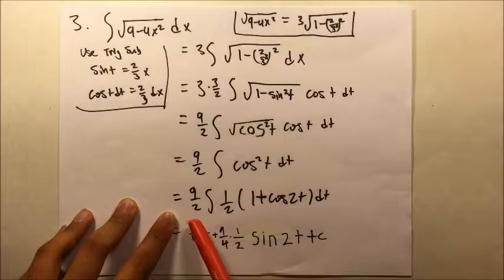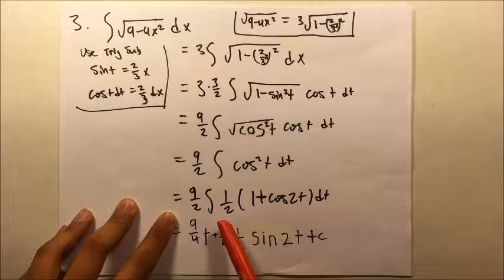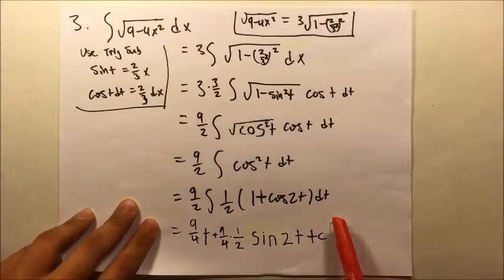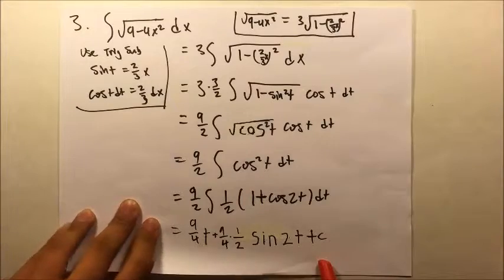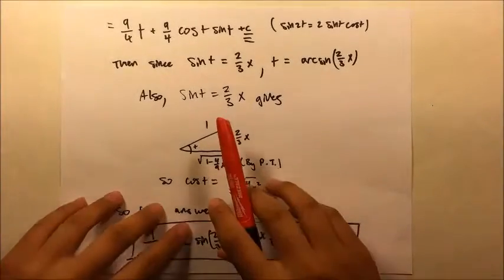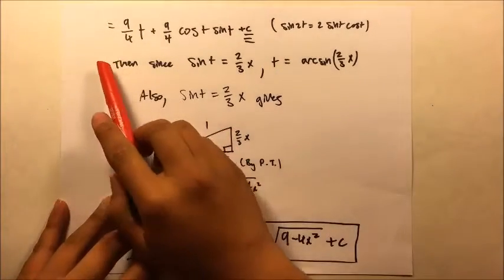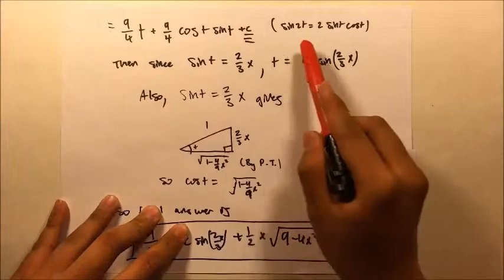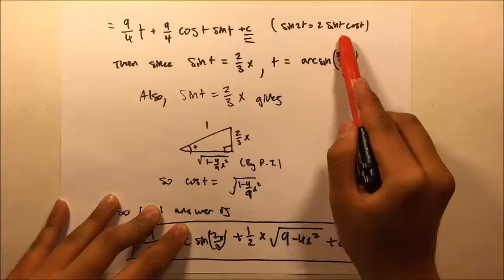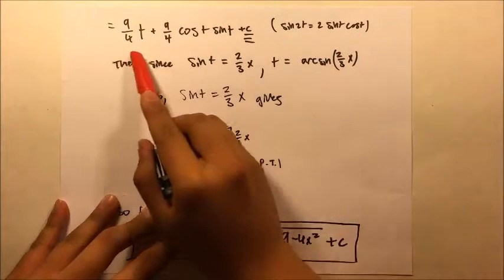After we use some more trig identities, we make it into this, which we integrate into this using our integrals. Now after we've done that, we can use some more trig identities, the double angle formula, which is sine 2t equals 2 sine t cosine t, and put it into this form.